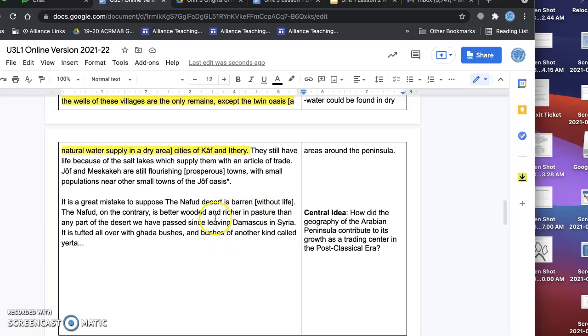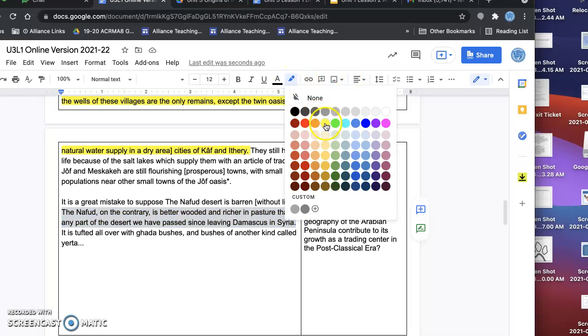So this is pretty much saying that the Nafud has more lush greenery, more chance to grow stuff, right? Right here it says the Nafud, on the contrary, is better wooded and richer in pasture than any part of the desert we have passed since leaving Damascus in Syria. So you can highlight that one.